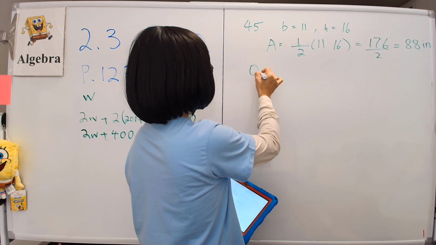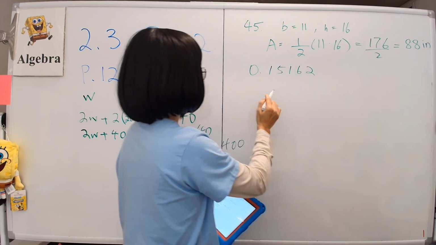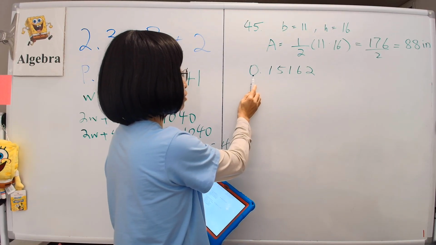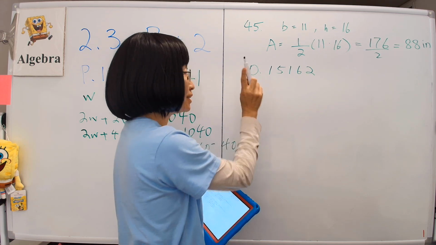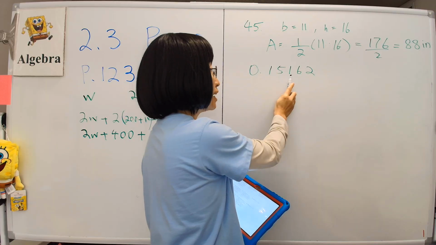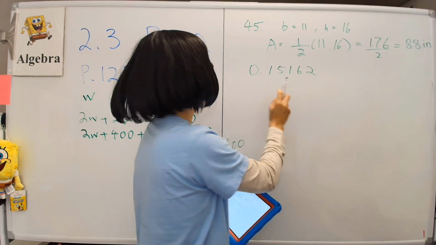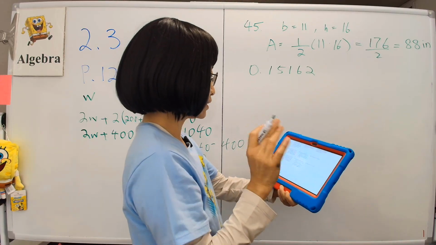For example, let's say we have a decimal number. This is called the ones. This position is called the tenth. So the first decimal position is called the tenth. This position is called the hundredth, then thousandth, etc. But anyways, the tenth just means they want you to come up with the answer with one decimal point.